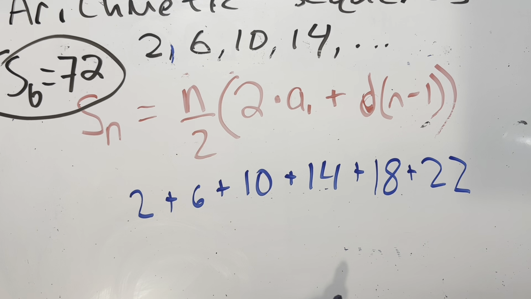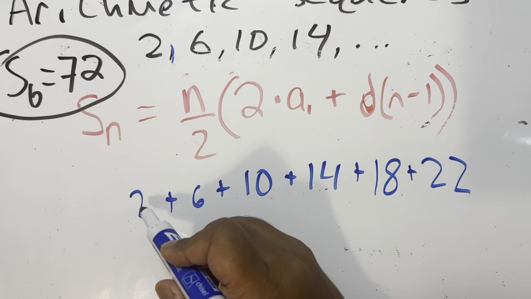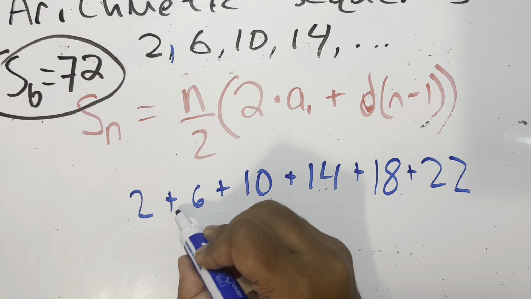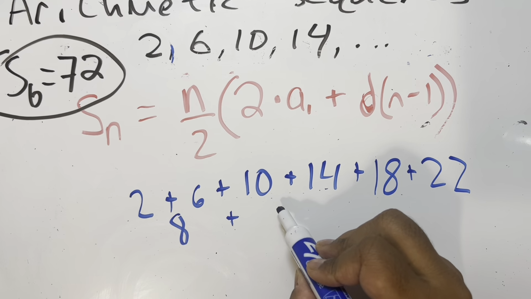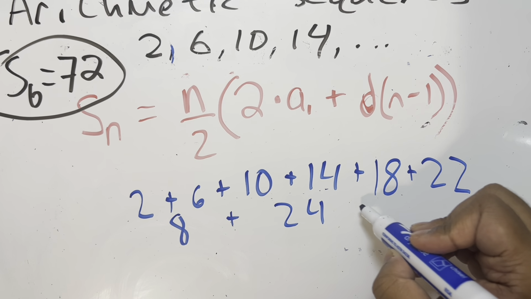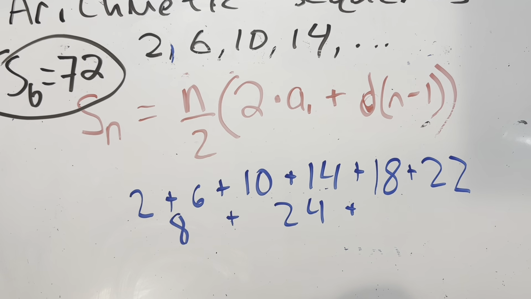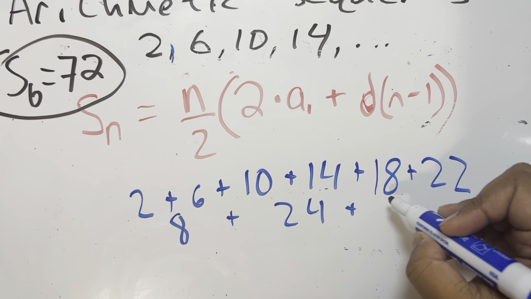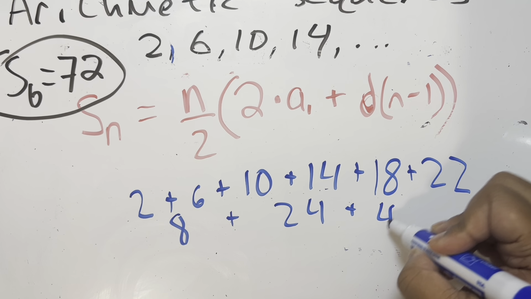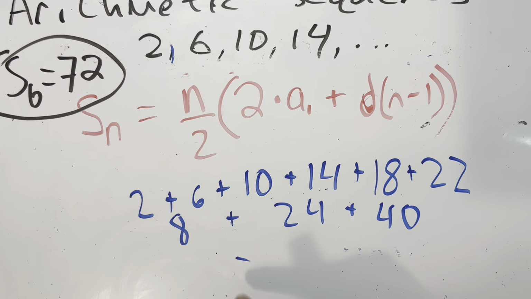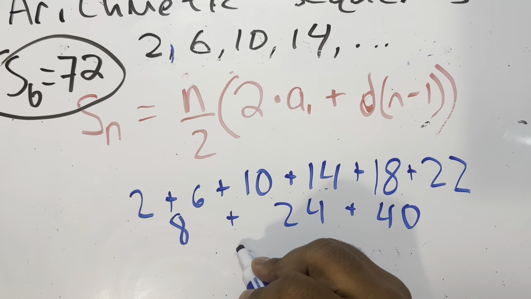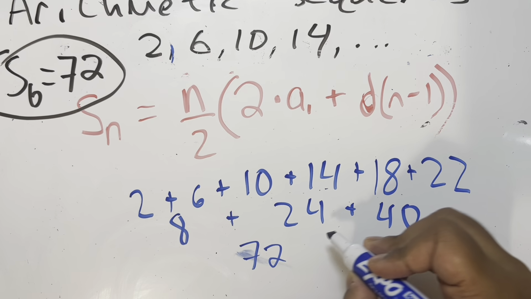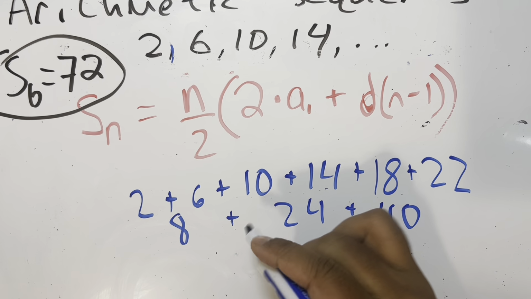All right, so let's add it all up. 2 plus 6 is 8. 10 plus 14 is 24. 18 plus 22 is 40. So let's break this down. All right. So 8 plus 24 is, I'm sorry, it's 32.